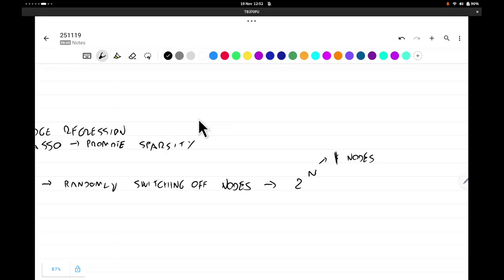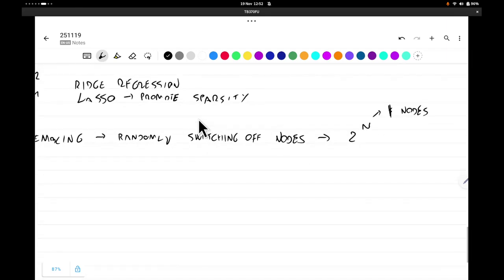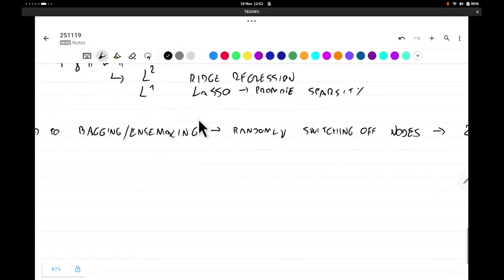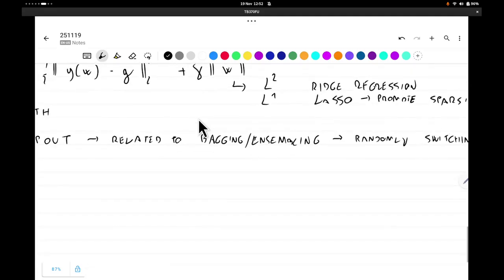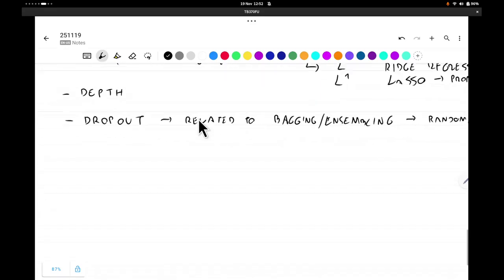That turns out to be better, but this starts to be a bit mysterious. What you can see much better statistically is that you are approximating the training of all these possible networks with some nodes that are switched off. Okay, and this is called dropout.